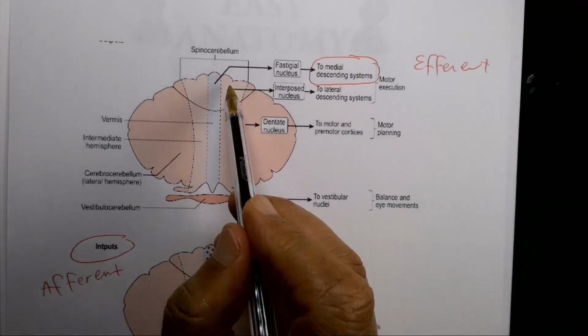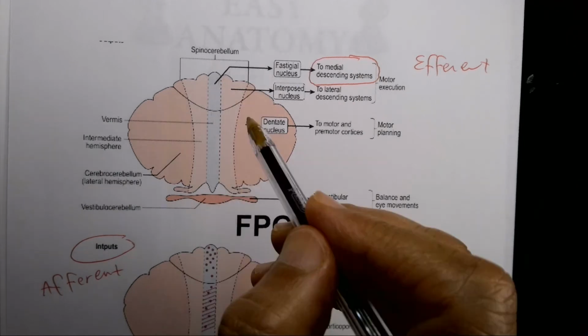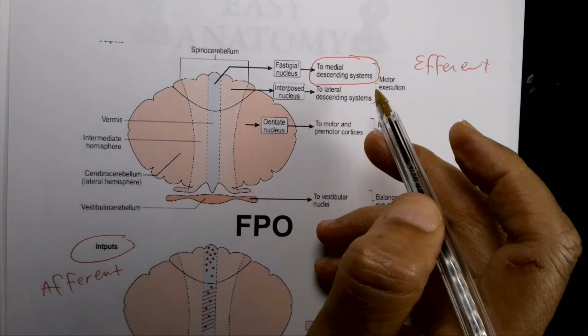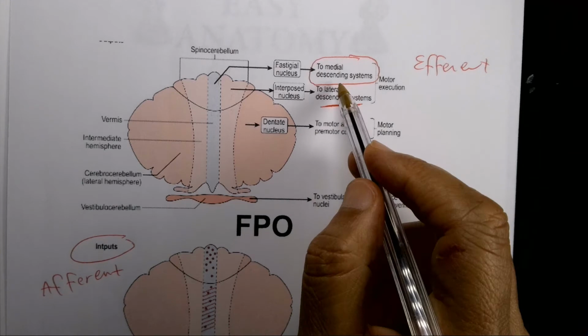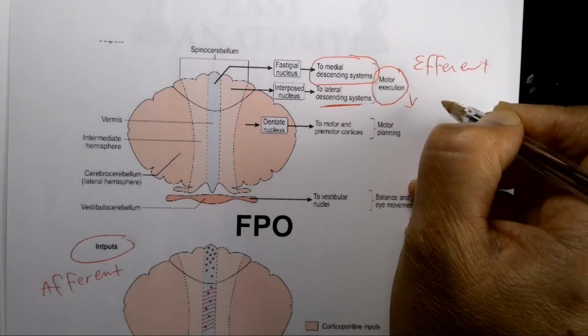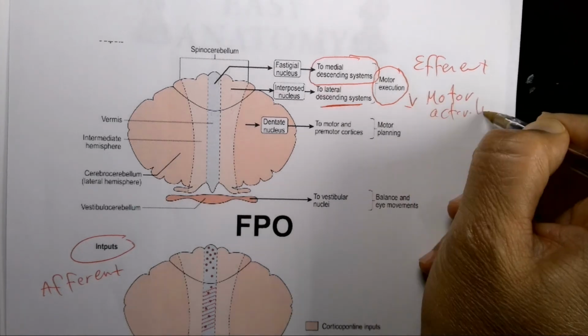The intermediate nucleus also sends to the spinal cord, the lateral descending system, and those two systems are important for execution or starting of motor activity or movement.